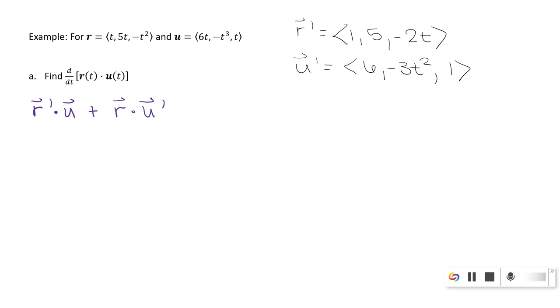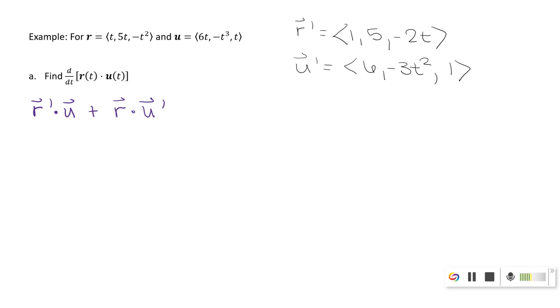So using the product rule, the derivative of r dot u should be r prime dot u plus r dot u prime. Now with dot products, the order doesn't matter, so if you switch around the order, that's fine. I like to be consistent and always keep the vector valued functions in the same order, but it doesn't matter in this case.